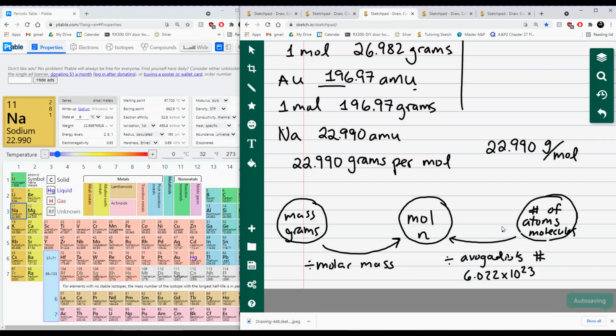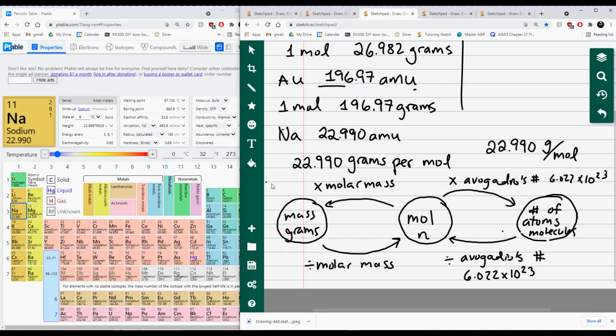Now the reverse direction, starting from moles, to go to the left in mass, you must multiply by the molar mass. And likewise, in order to start from moles and go to the number of atoms, we must multiply by Avogadro's number, which is going to be 6.022 times 10 to the 23rd. And so what sort of problems you would expect is you're going to be given either a quantity of mass, like let's say you're given 3 grams of hydrogen. You must then find the number of atoms of hydrogen.